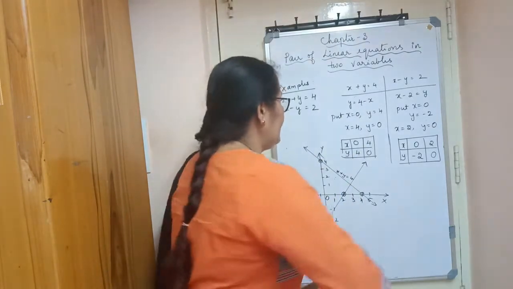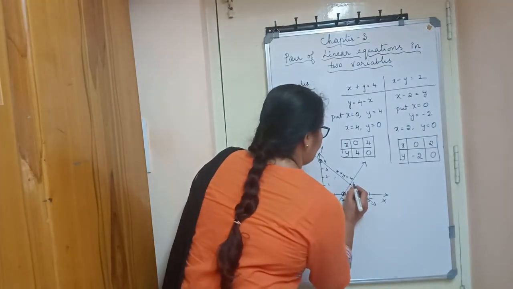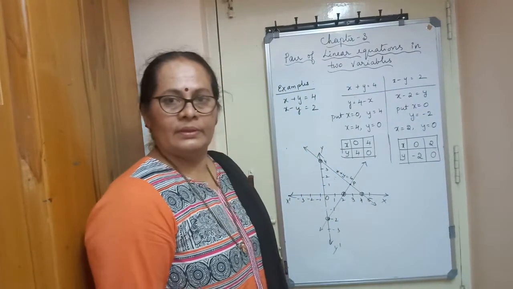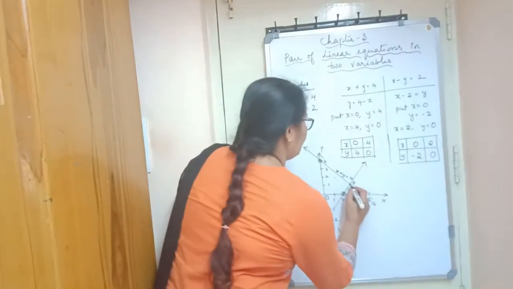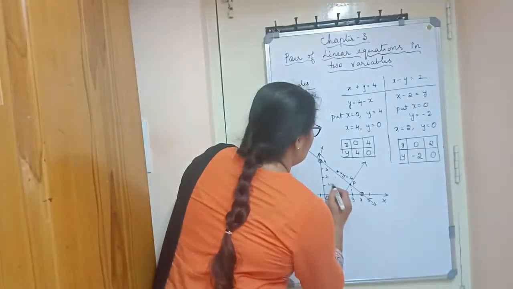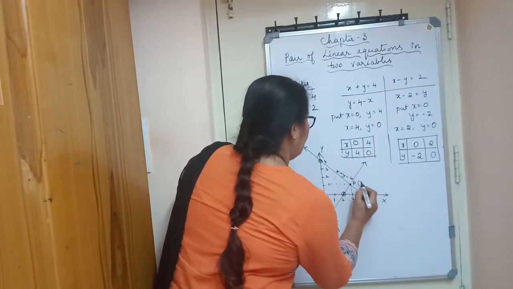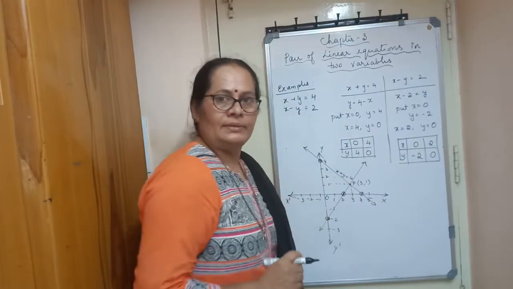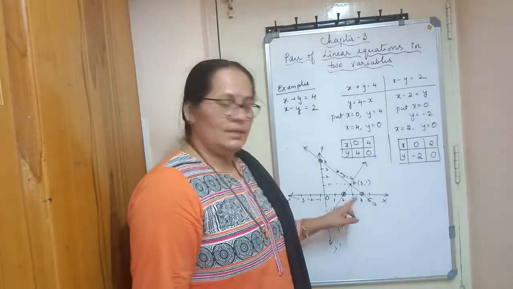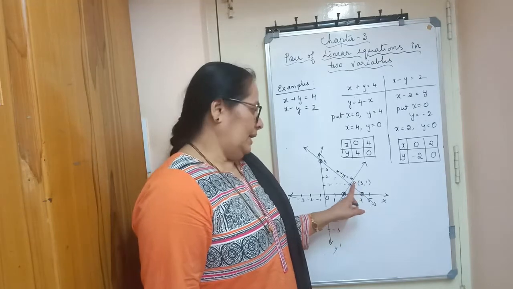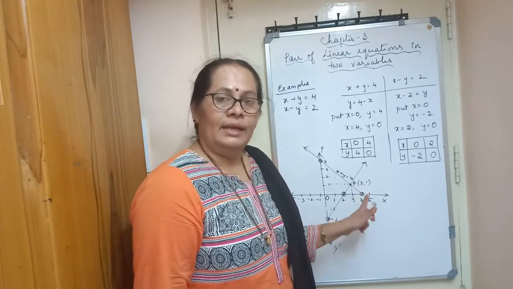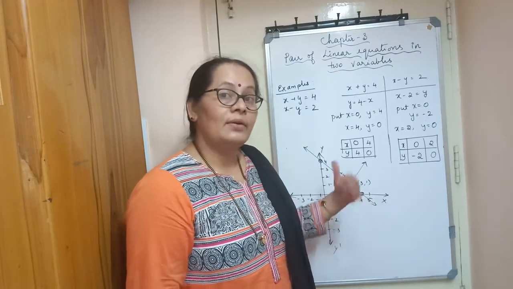The 2 lines intersected at this point. So this point is, see here, x is 3, y is 1. The intersecting point is P. The coordinates are 3, 1. Now we'll cross check.